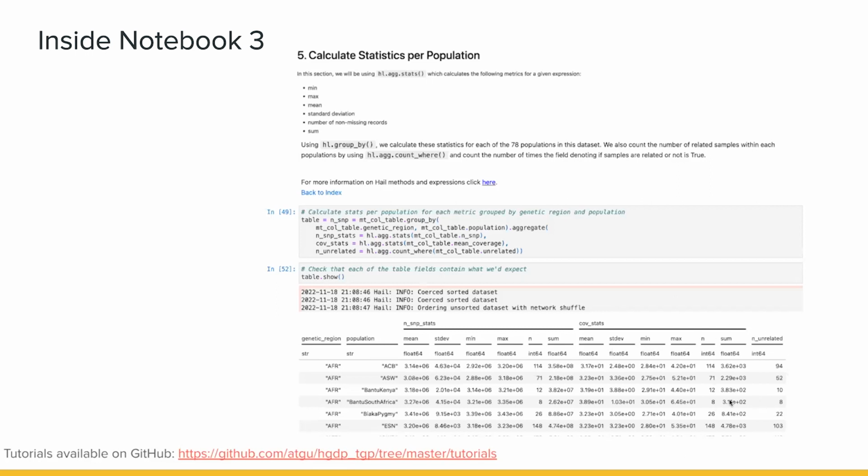We also include some outputs from tables so that you can check on your work as you are continuing to run through the notebook. And as I mentioned, in this notebook we do use relatedness information from the previous notebook, but you don't need to run all the notebooks in one line. You can run them individually on their own.